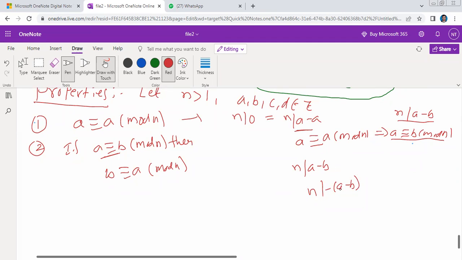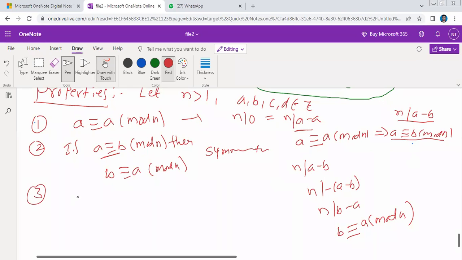Negative numbers divides అయితే positive numbers కూడా divisible అవుతాయి. This means n divides B minus A. n divides B minus A అంటే ఏంటి? B congruent to A modulo n. This property is known as Symmetric property.